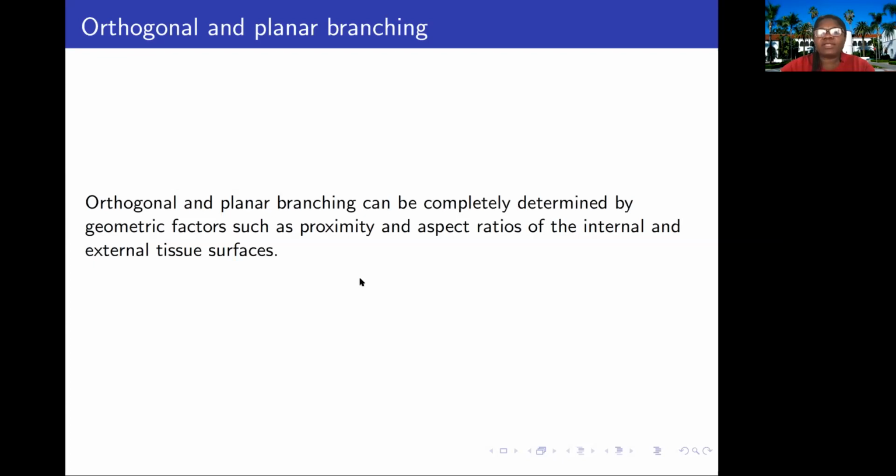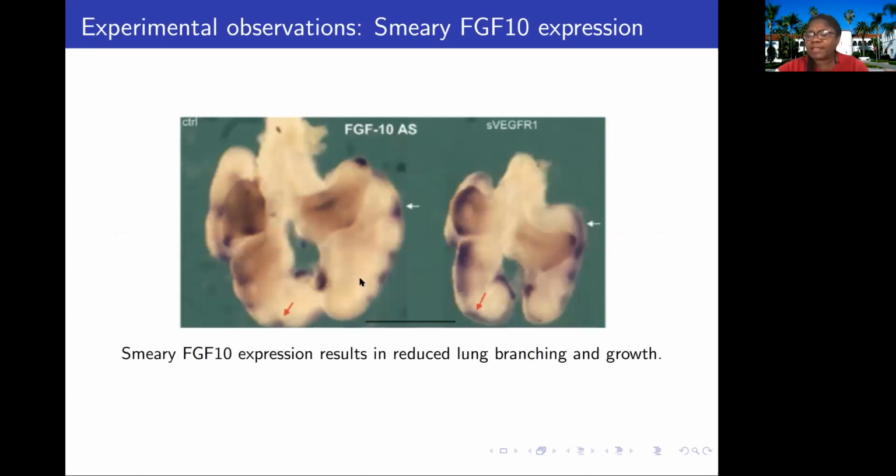And then we see that the aspect ratio describes what direction is going to branch, because the aspect ratio of the geometry describes the orientation of the daughter branch to the parent branch. It would be nice if that was all there was to that, but that is not all there is to that.